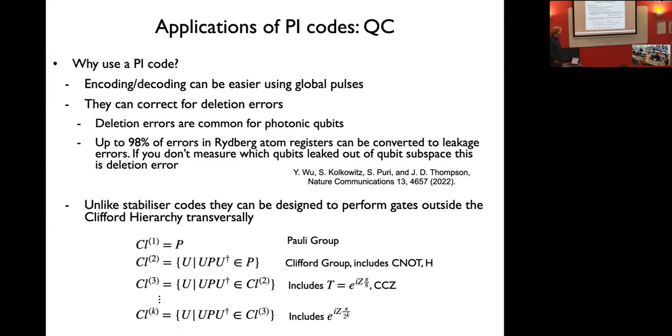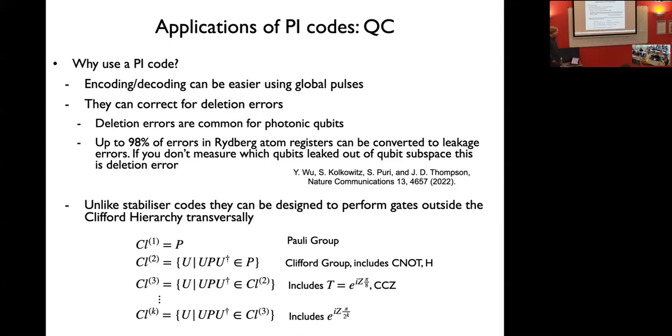And also, unlike stabilizer codes, these codes can perform gates outside the Clifford hierarchy. The Clifford hierarchy is just a stratification of unitaries according to their action under conjugation. The first level of the Clifford hierarchy is the Pauli group.